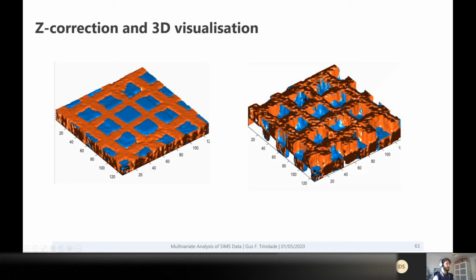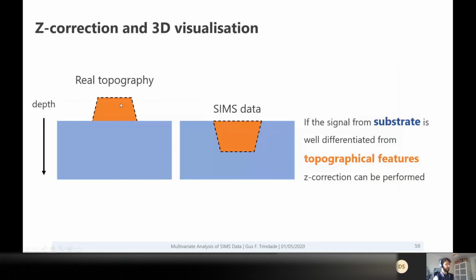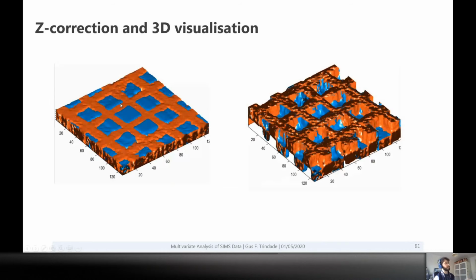What you do is correct it to look like the one to the left. So here, using this copper grid, copper and aluminium, what you get is the real distribution of copper in 3D after you correct. But you can do this after you do NMF or PCA as well, you just do it based on the components you get.